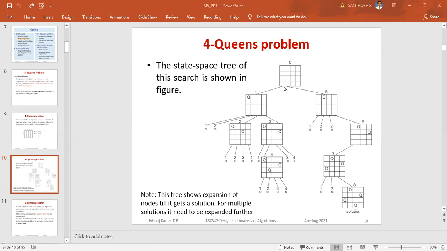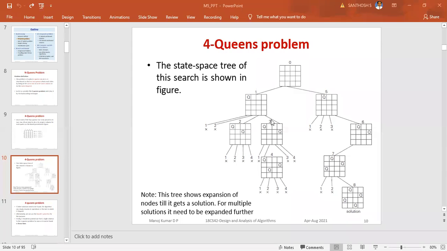So this is the first one. Okay, so the first one you have placed here. So coming to the second, you can't place it here, you can't place it here, you can't place it here. So where will you place it? You can place it either here or here. So you have 2 searches.